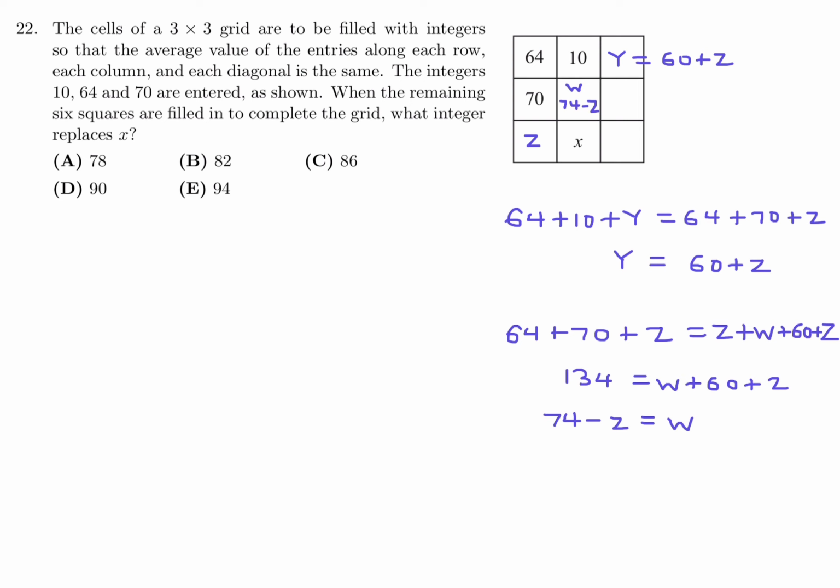Okay, so then what's next here? Which direction? Obviously, let's go with this one here. We have to get some sort of a value for x. So we'll just use those two columns: 64 plus 70 plus z, and then the other column would be 10 plus 74 minus z plus x.